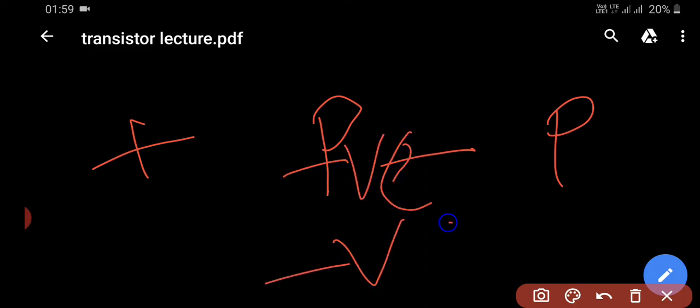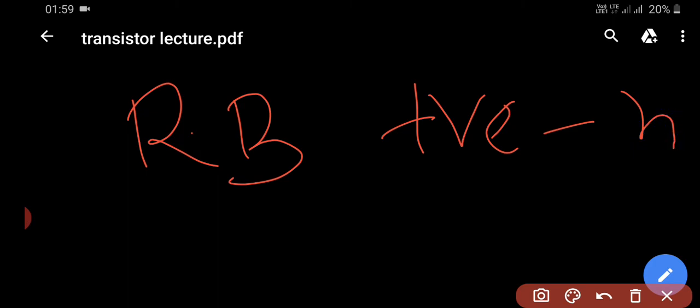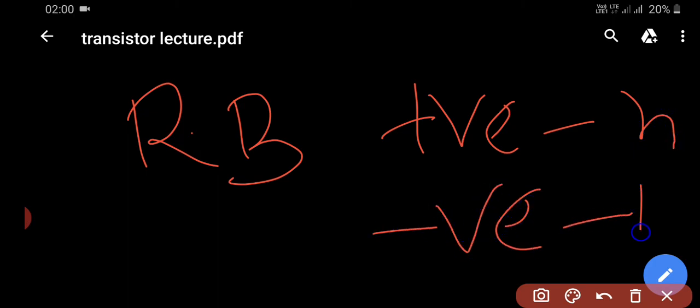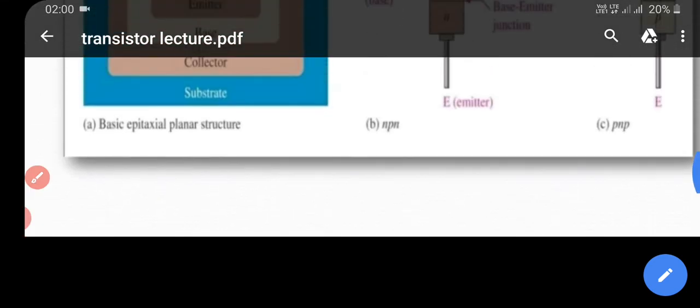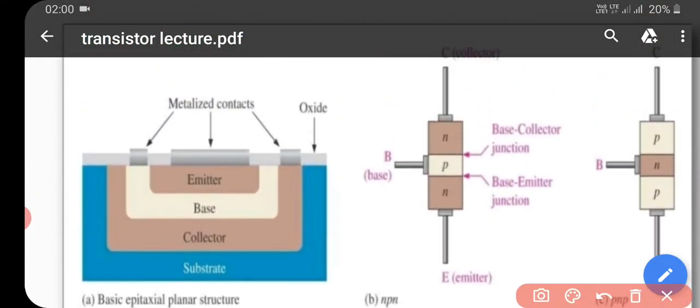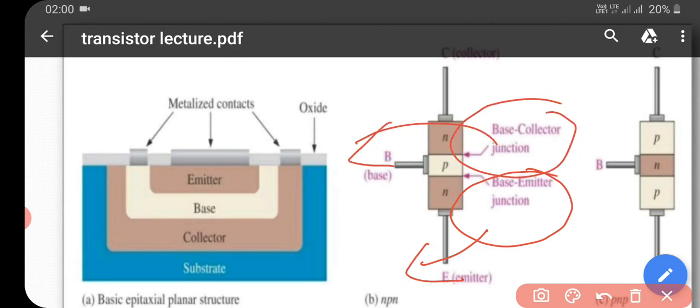In forward bias, we connect the positive terminal of battery with P and the negative terminal with N. Similarly, in reverse bias, we connect the positive terminal of battery with N and the negative terminal with P. So, for working of BJT, base emitter junction is forward bias and base collector junction is reverse bias.